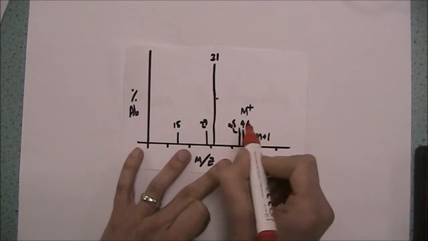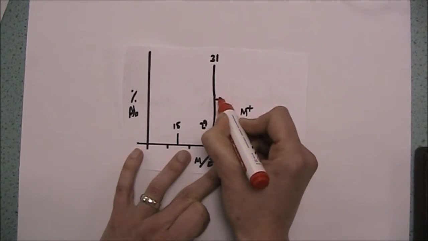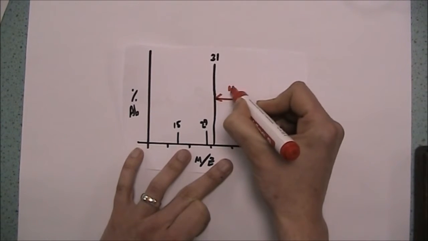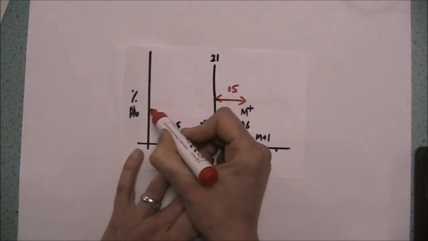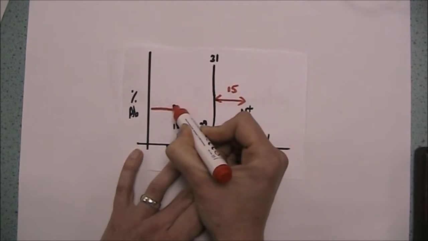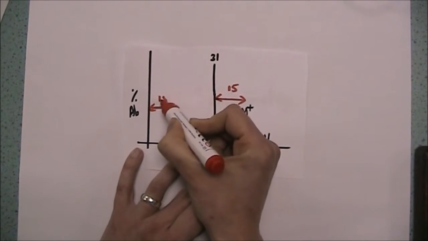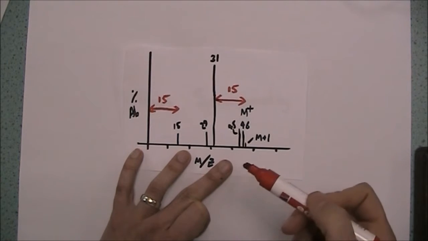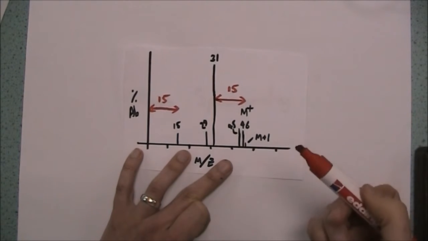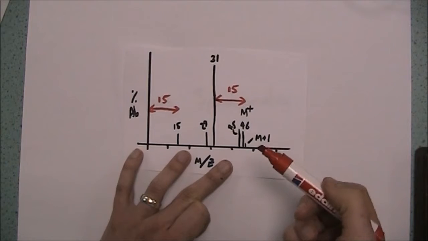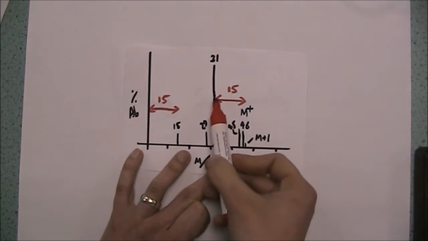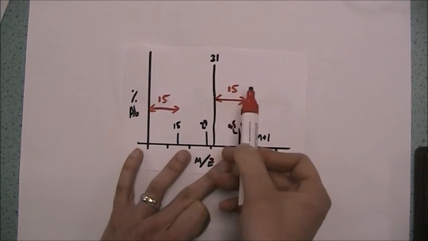If we then look at 46 to 31, what we've lost there is 15. Now 15 is important because we find it here as well. 15 is the mass of a CH3 plus, or in this case, a CH3 radical which has disappeared.